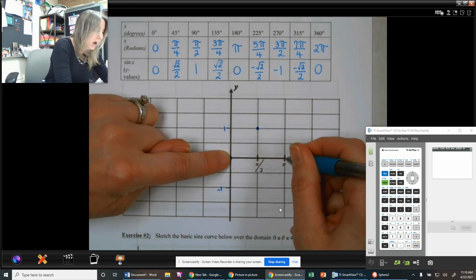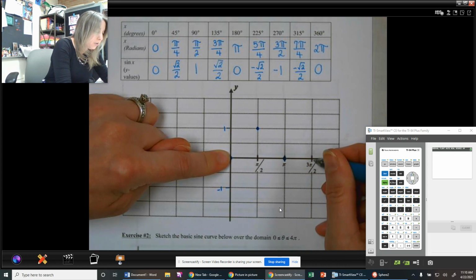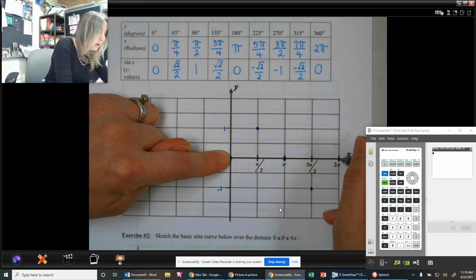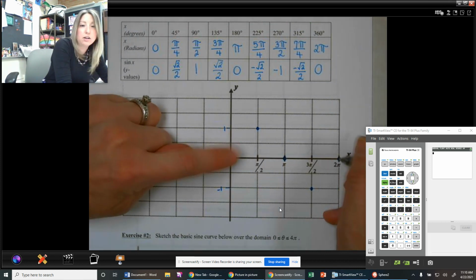I know that pi, or 180 degrees, is back down to 0. I know that 3 pi over 2 is 270 degrees, and I'm all the way down to my minimum at negative 1. And I know that 2 pi is back up to 0. That's my 360 degrees back to my start point. So that's how I know these two are starting and finishing.